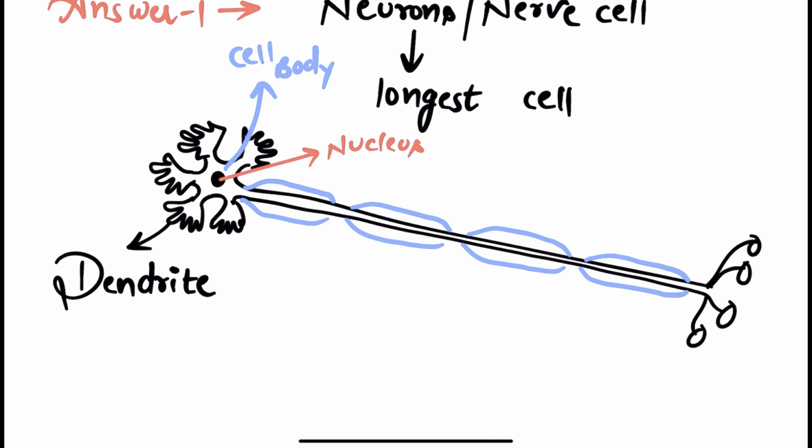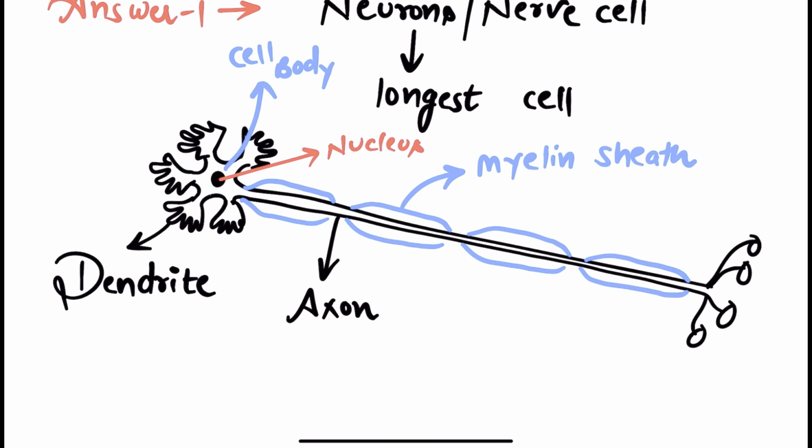After the cell body हमें दिखाई दे रहा है this structure, this is known as axon, and axon के ऊपर we are able to see this structure, this is known as myelin sheath, and at the end of the axon this is known as nerve ending.